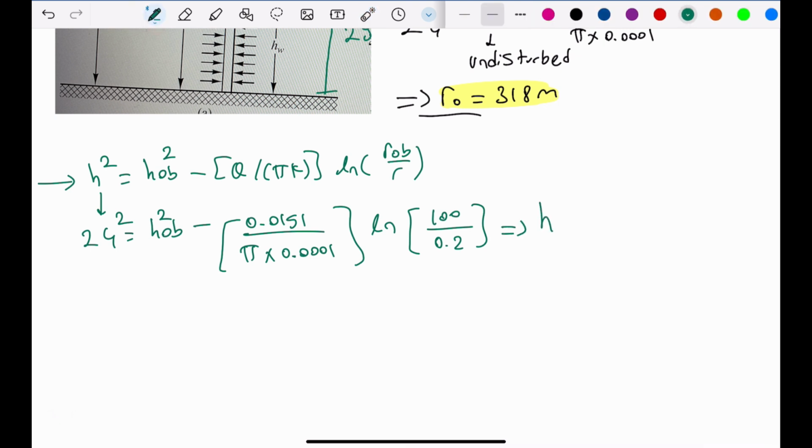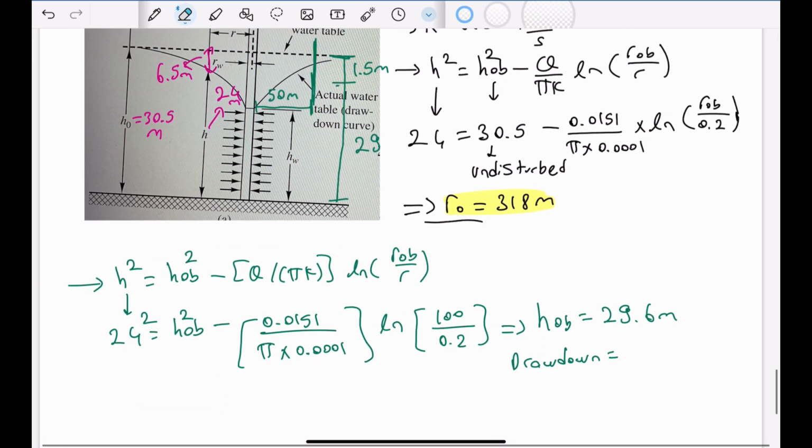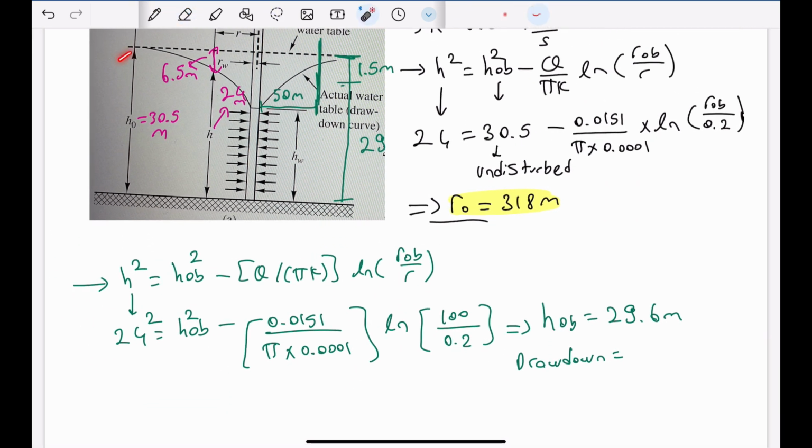So here, HOB will be equal to 29.6 meters. So drawdown will be, so we had depth as 30.5. So it should be 30.5 minus 29.6 meters, which is 0.9 meters.